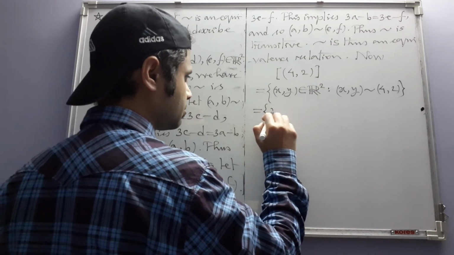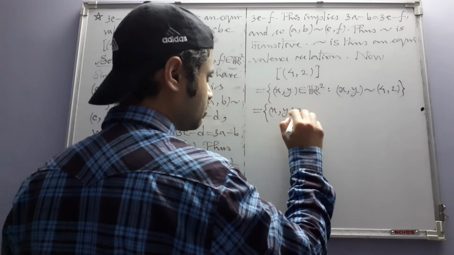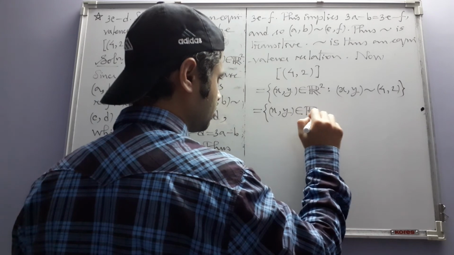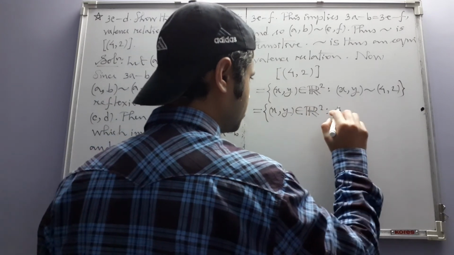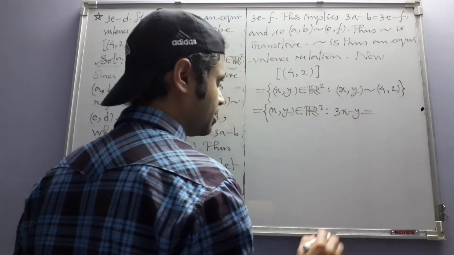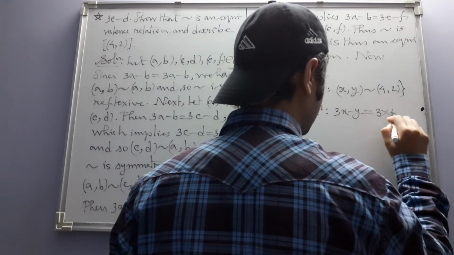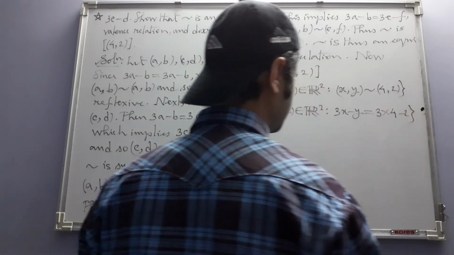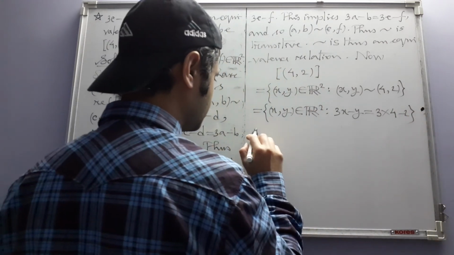That means 3x minus y equals 3 times 4 minus 2, that is, 12 minus 2, which is 10.